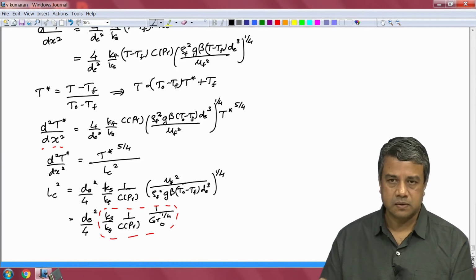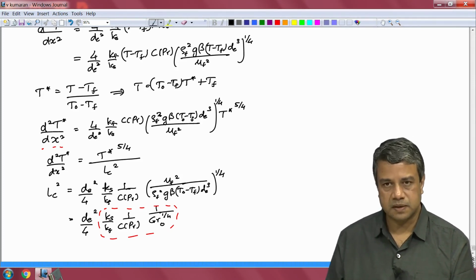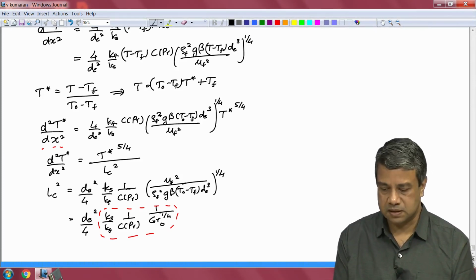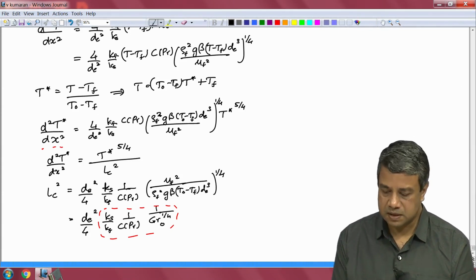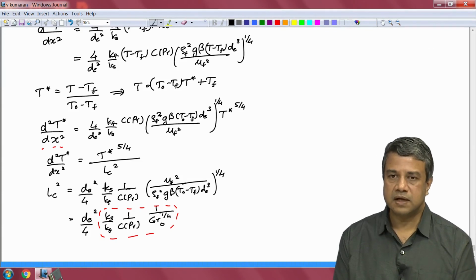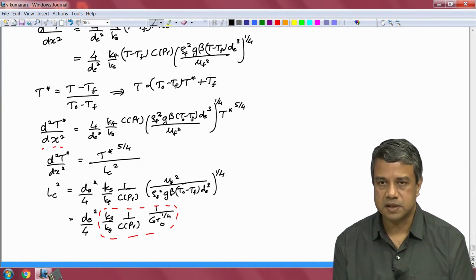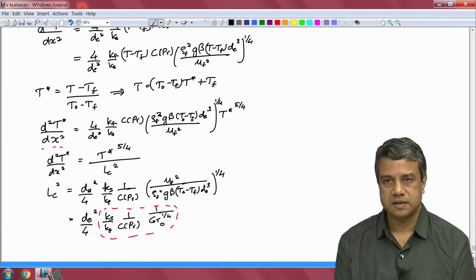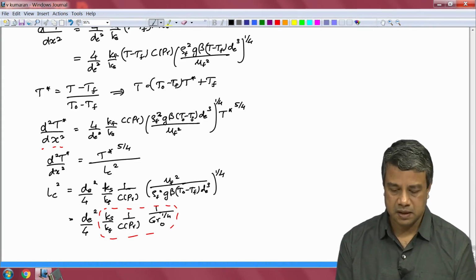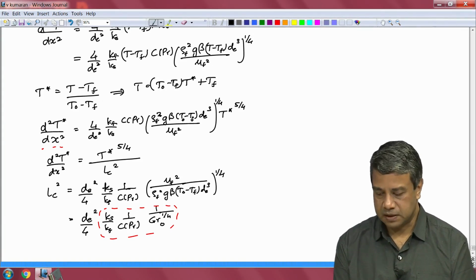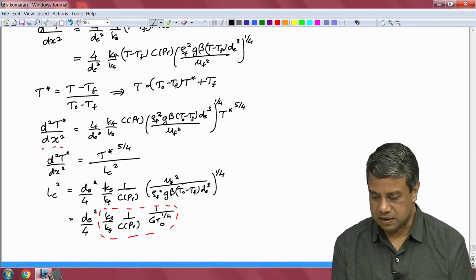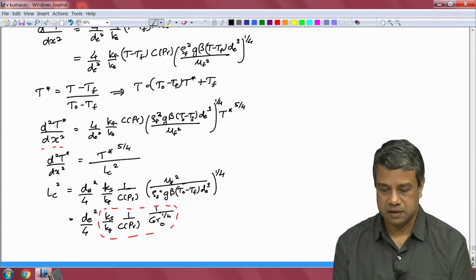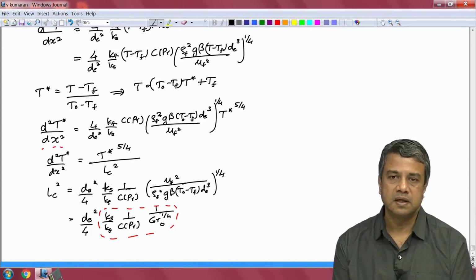Further, you can still do some simplifications using some manipulations, which I will not go through in this lecture, just to show you how the correlation can be used in the balance equation to derive an equation for the variation in temperature along the length of the fin. So, this is an example where you have the characteristic length, which is d squared times some function, being large compared to the length scale for diffusion.